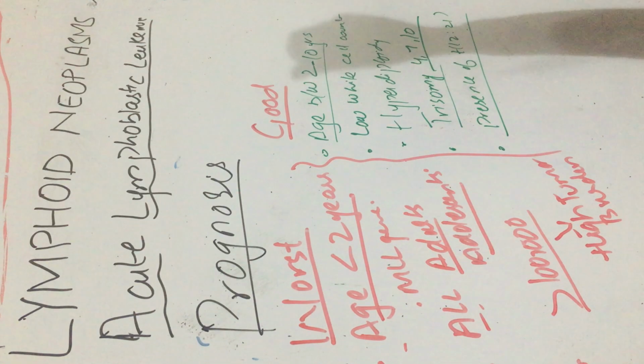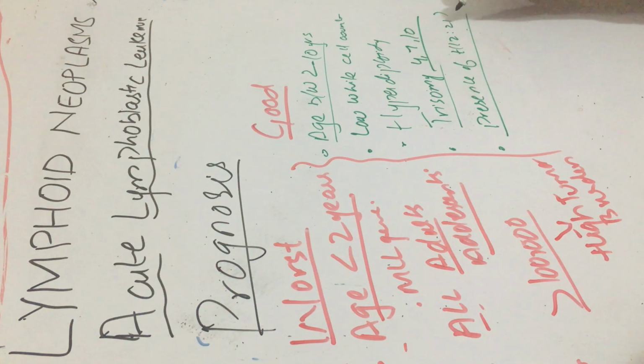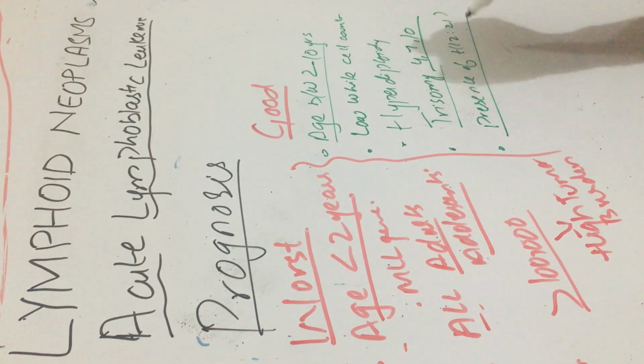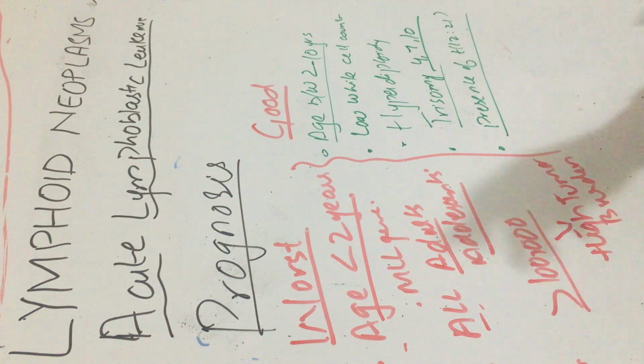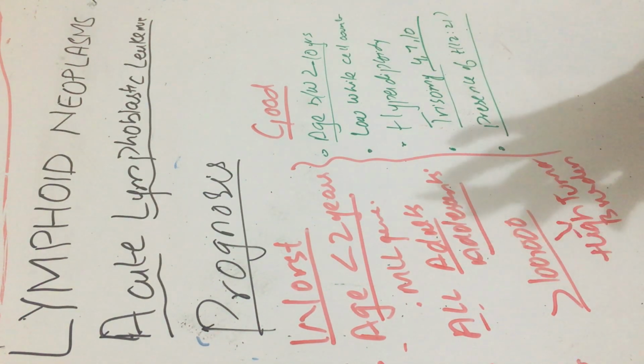And similarly, with a low white cell count, hyperdiploidy, trisomy 4, 7 and 10, and the presence of translocation 12, 21, the lifespan of the white cell would be shortened, so they also have a good prognosis because there would not be a high tumor burden.